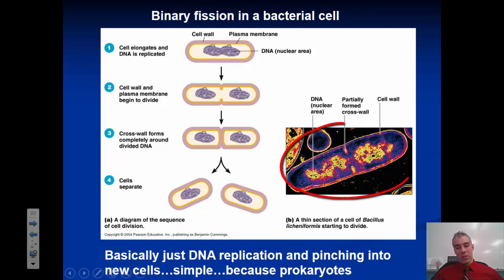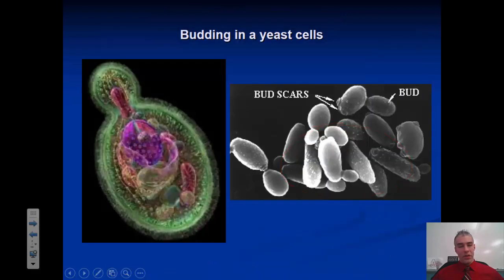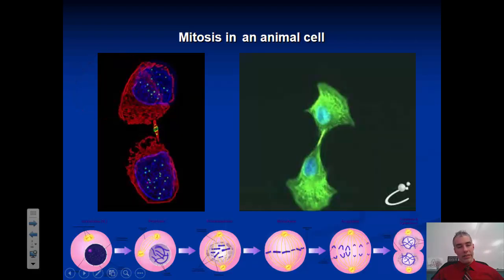And this is showing over here actual binary fission using electron microscopes. So it's very simple. Here's showing you budding, and notice this tiny part right here is budding off of the original eukaryotic cell, in this case yeast. And this is showing mitosis. This is going to be the process that we're going to be focusing on in a little bit.